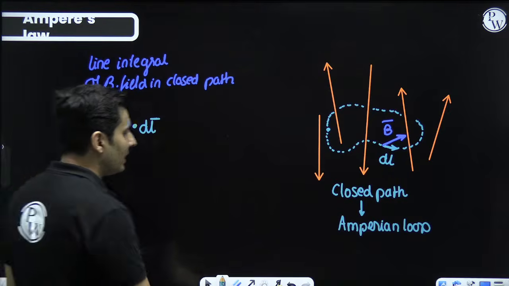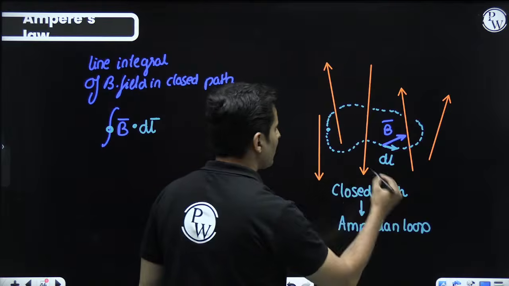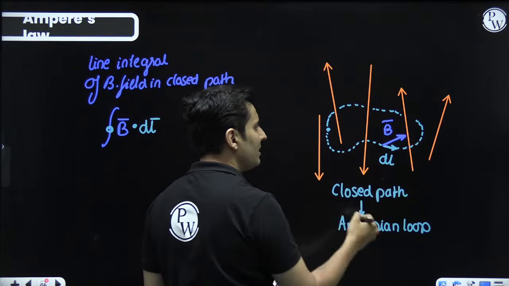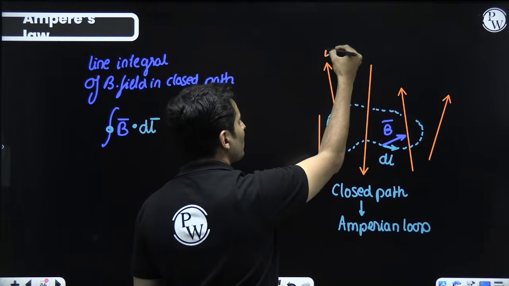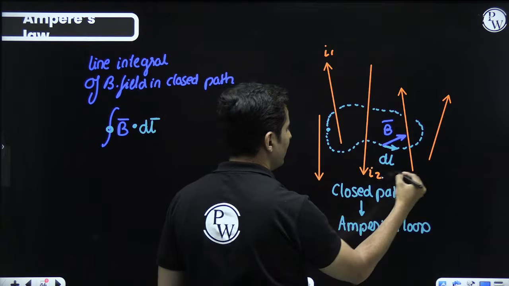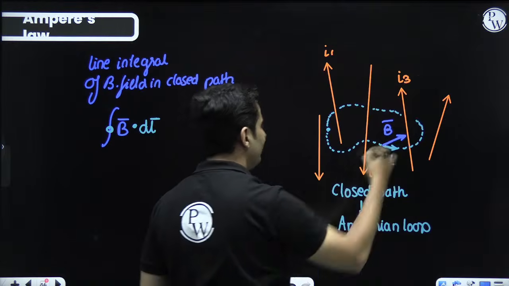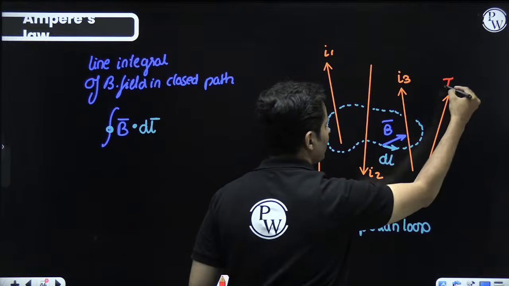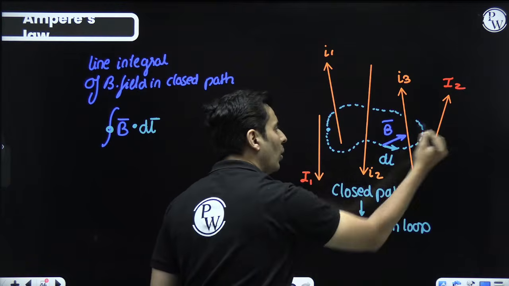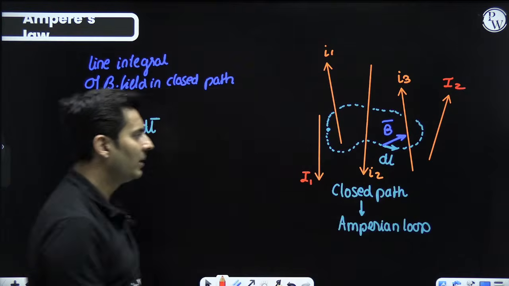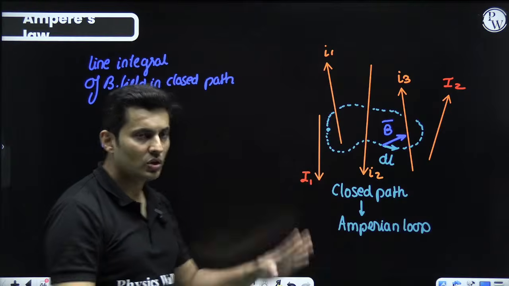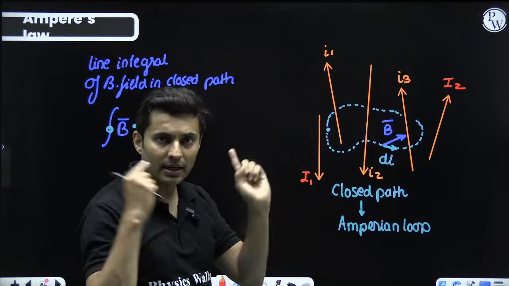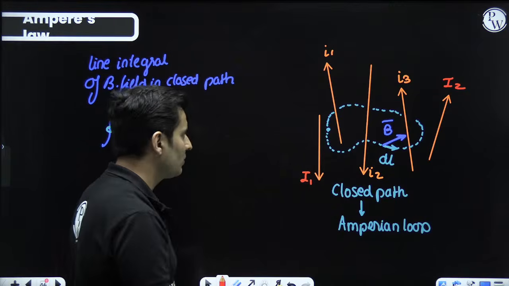If you do this integration, always you will see there will be some currents which are within that loop. There are some currents which are exterior to that loop. Like this current and this current are within that loop. But if you notice, this current I1 and this current I2, they are outside of that particular closed path. So only consider those currents which are within that particular loop, that perimeter that you have chosen.